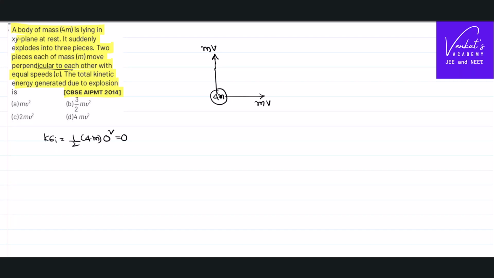We can say that in an explosion or collision, when no external force is acting, momentum is conserved. Momentum initially is 4m into 0, because it is initially at rest. It is divided into three parts further. Because directions are involved, let me take vectors: P3 bar equals minus of P1 bar plus P2 bar.